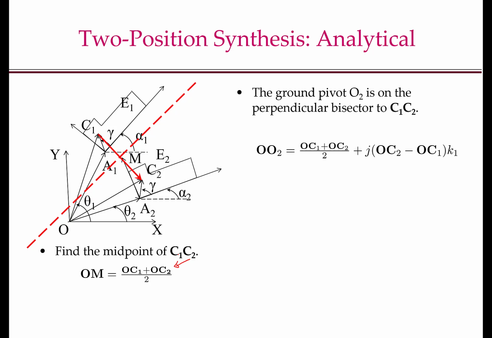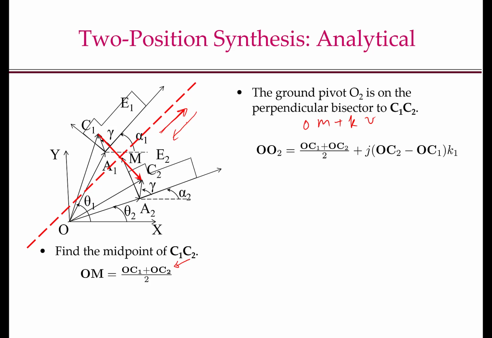And then we know that the equation of this line on which the pivot O2 will lie is given by OM plus K times a vector along this line. The vector may be in any direction, either in this direction as I have shown here or in the other direction. It doesn't really matter.